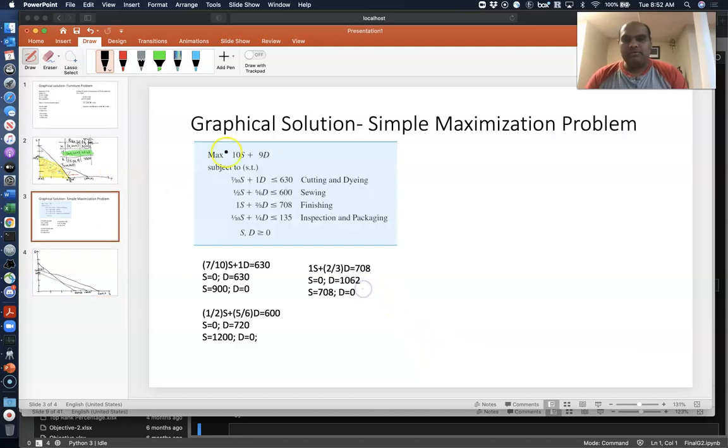Finally, let me do the final equation, which is 1/10 times S plus 1/4 times D is equal to 135. Right? So 1/10, 1/4.